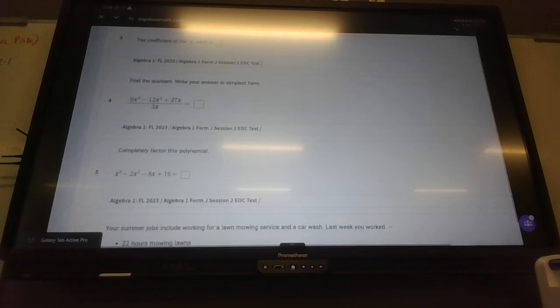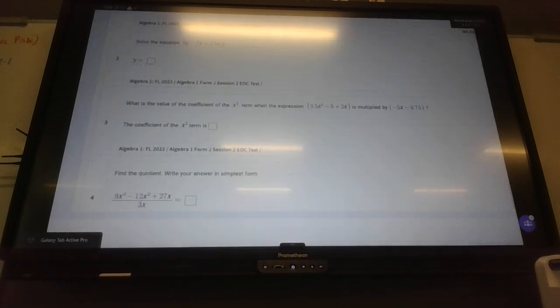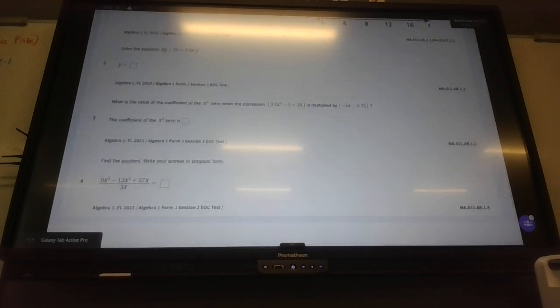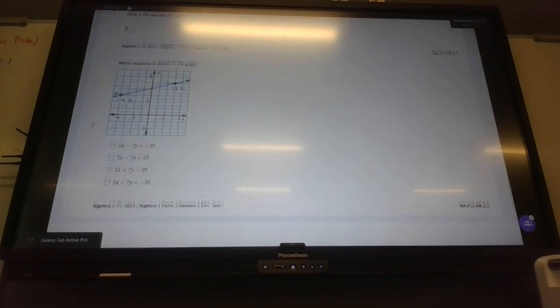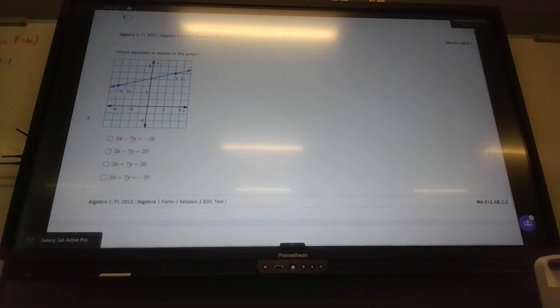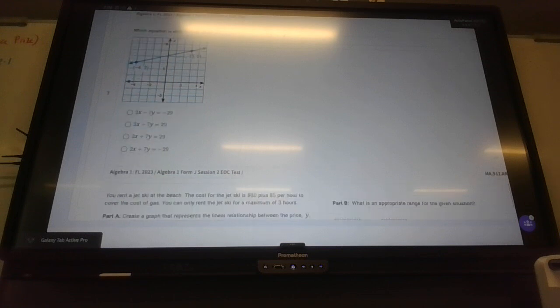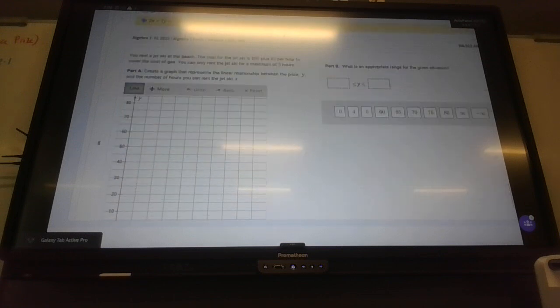Number 4, you guys did a good job with that. We did factoring. Remember yesterday you did some problems on paper? We left off with this one, and I said there's a cheat code here. Just plug in X, plug in Y, and that will help you figure out which multiple choice matches. And then we got to this one.